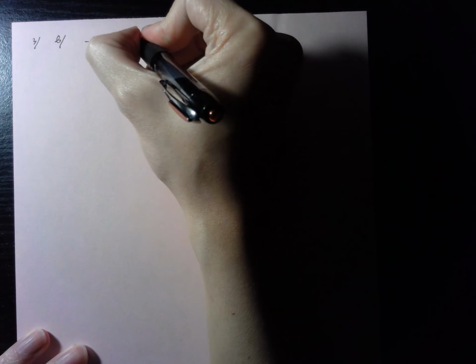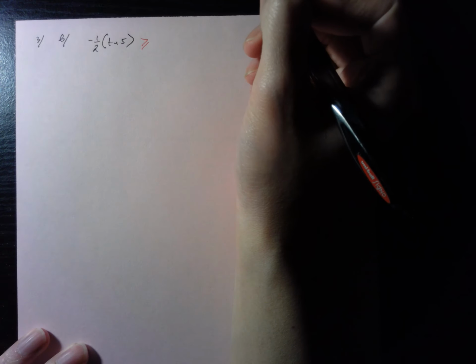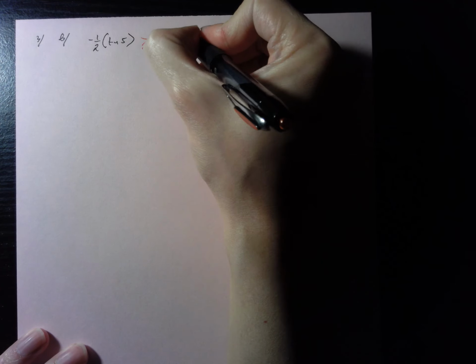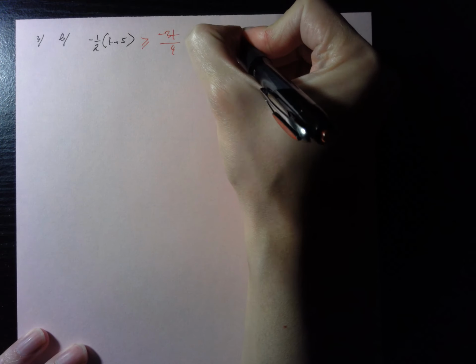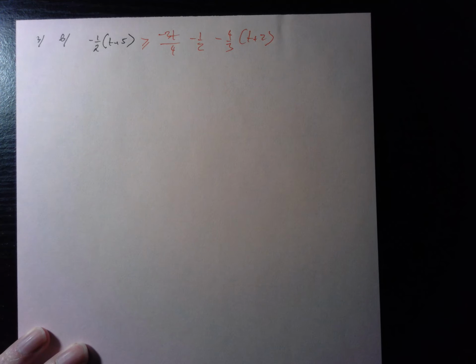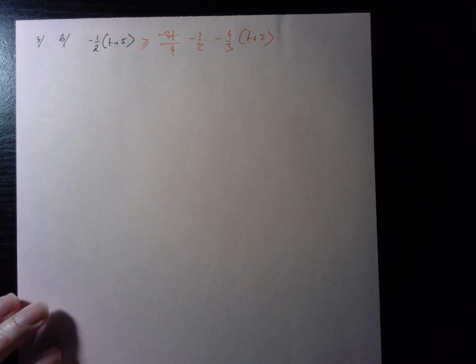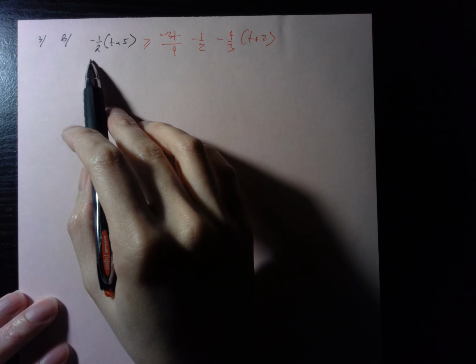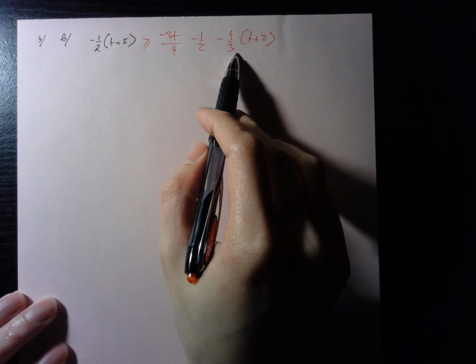Okay, it's greater than. Okay, negative 3t over 4 minus a half minus 4 over 3t plus 2. Okay, there are some different approaches to how to do this. You can combine, find the common denominator here, or you can find the common denominator for all of them.